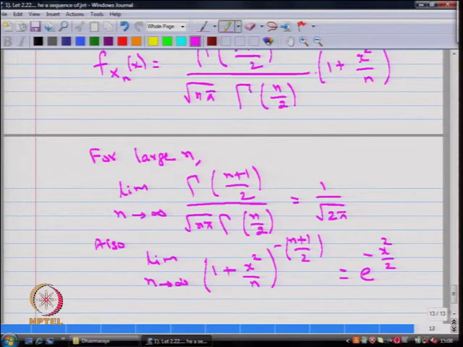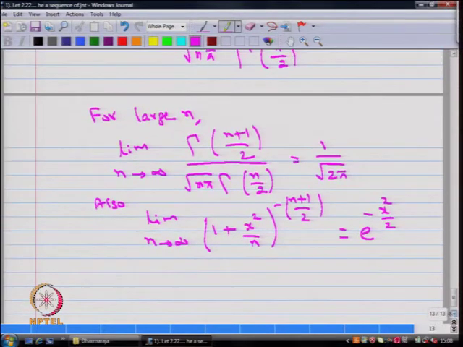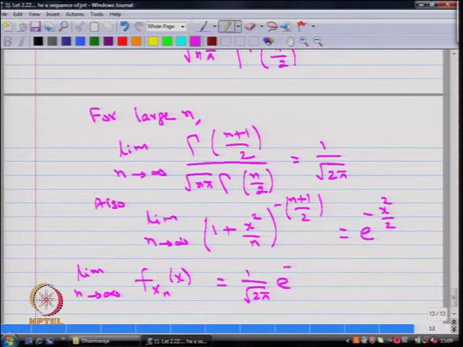Hence, the limit n tends to infinity of the probability density function of the random variable X_n becomes 1 divided by square root of 2 pi e power minus x squared by 2.